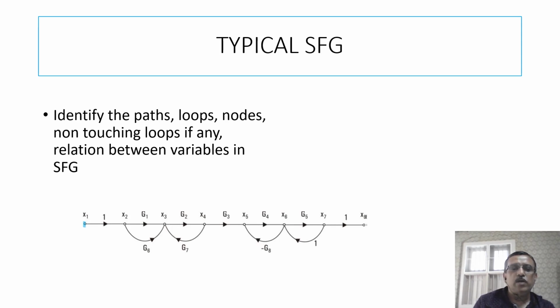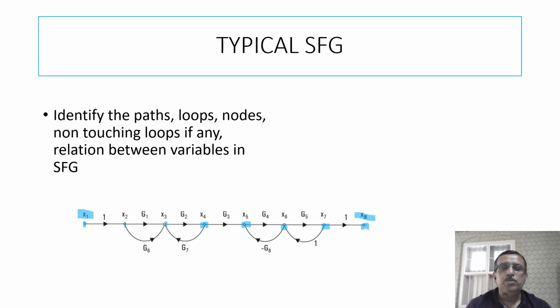This is one node, x1, another node, x3, x4, x5, x6, x7, x8. What is the input node? x1 is the input node. And what is the output node? x8 is the output node. All the other nodes are mixed nodes.